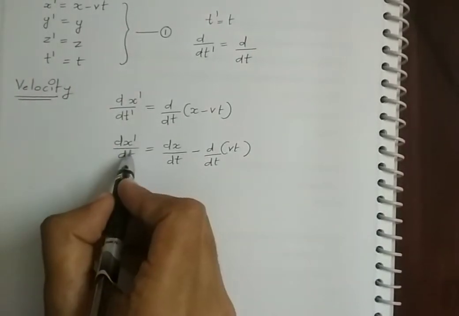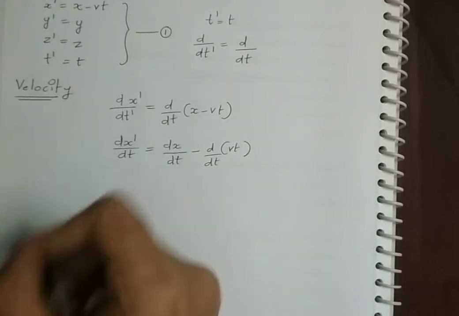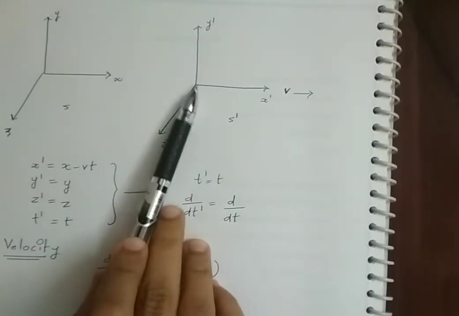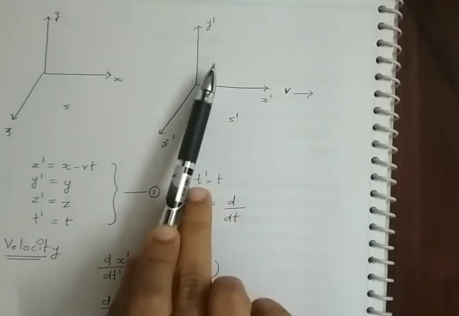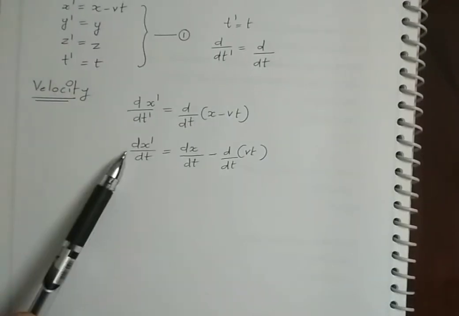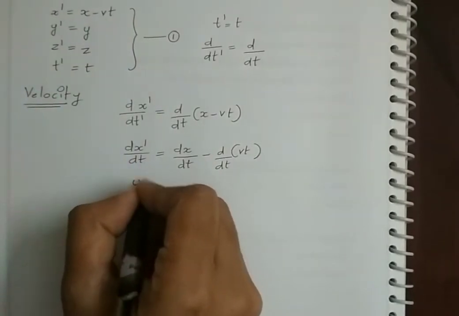Now, dx prime by dt prime is the velocity of the particle along the x direction as observed from the S prime frame. When we look from the S prime frame, the motion of the particle along the x-axis is dx prime divided by dt prime. This can be represented as ux prime.